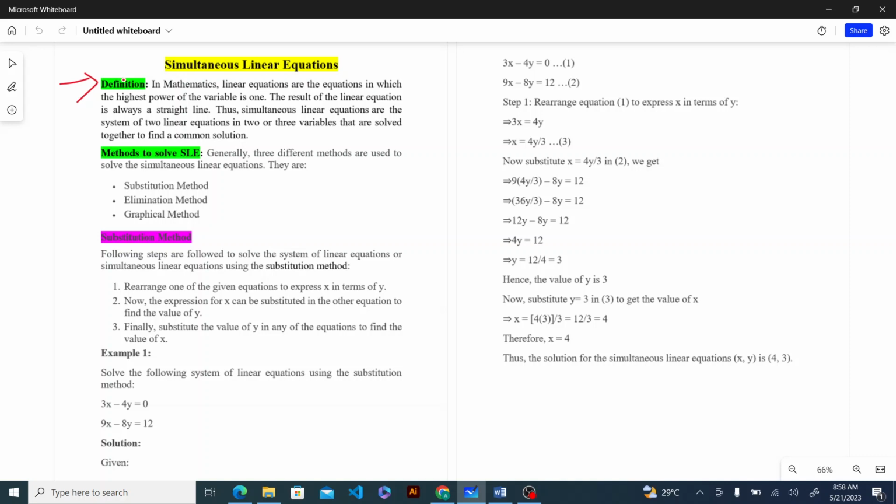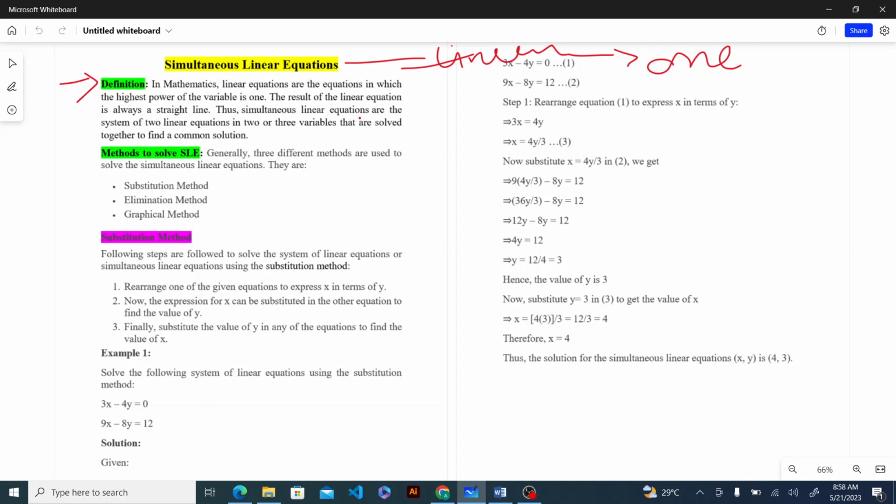The result of a linear equation is always a straight line. Linear refers to a line, the straight line, and it can also show 1. So the highest power will be 1.